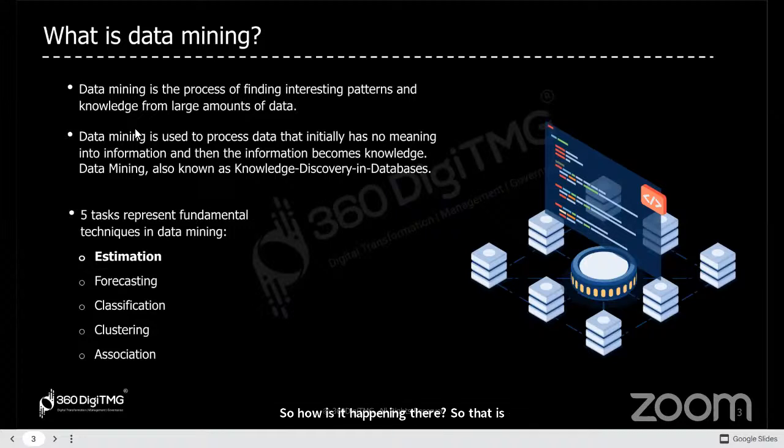What is this data mining? As I told, it is useful to find interesting patterns. So according to your viewing history, whatever movies or shows you have watched before, and what your preference is, based on those patterns, Netflix will recommend or give a few preferences for you, saying that you have watched this content before, do you want to watch this?